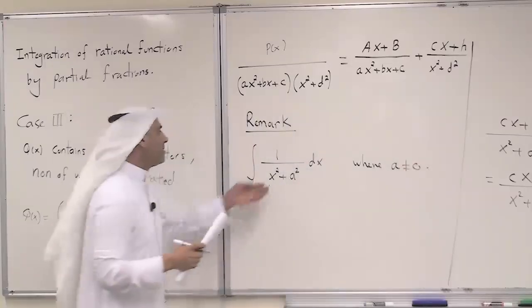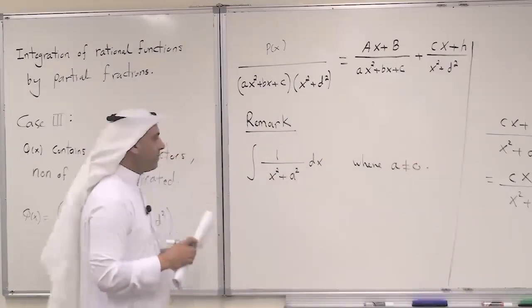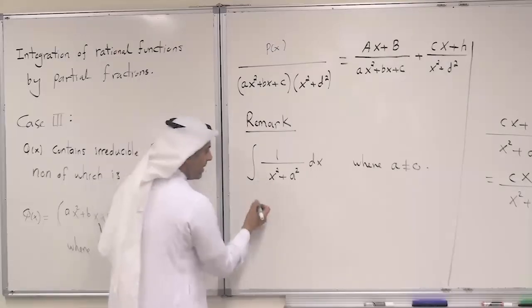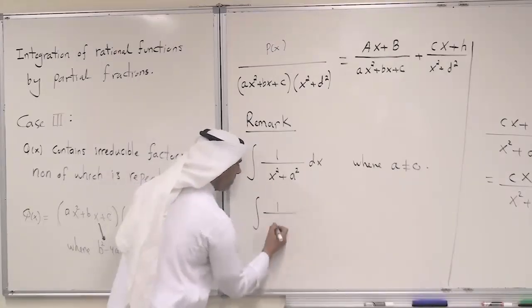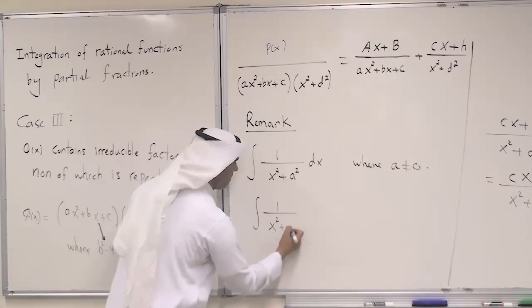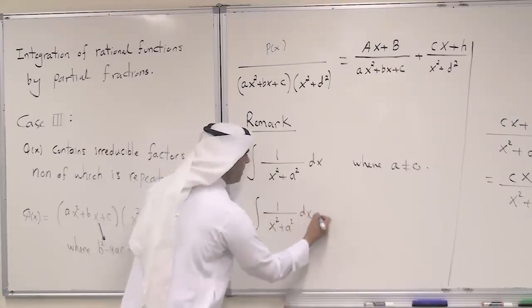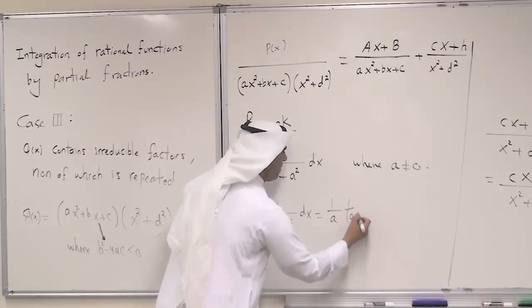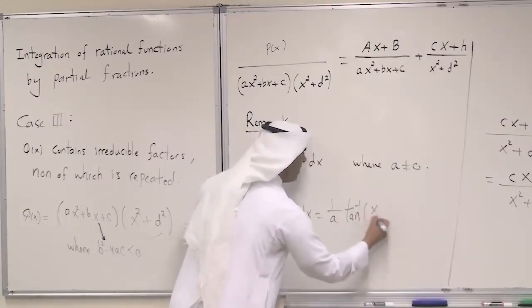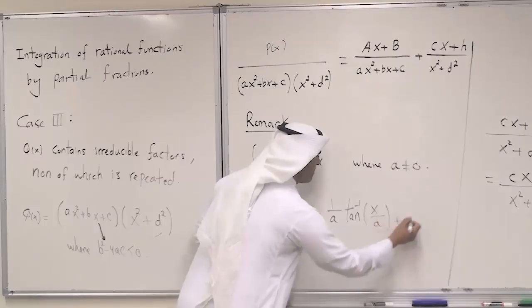Okay, if a equal to 0, then this is straightforward to be done. Now, the answer for this is the following. 1 over x squared plus a squared dx is equal to 1 over a tangent inverse of x over a. Okay? Plus a constant, of course, plus constant c.